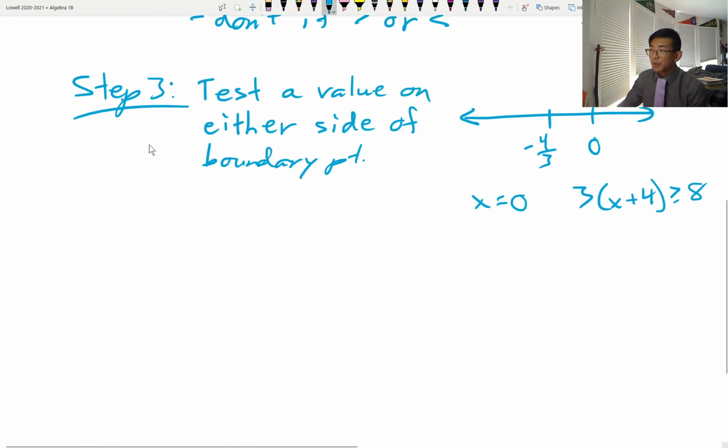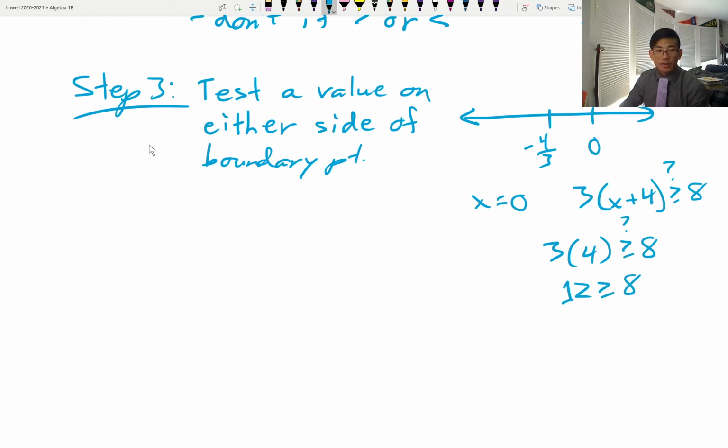So if I plug this in, I'll get 3 times (0 plus 4), which is 12... is greater than or equal to 8. Again, I'm asking if this is true. Hopefully this is true, but it actually doesn't matter if it's true or not. So this is true. So x equals 0 is a solution.